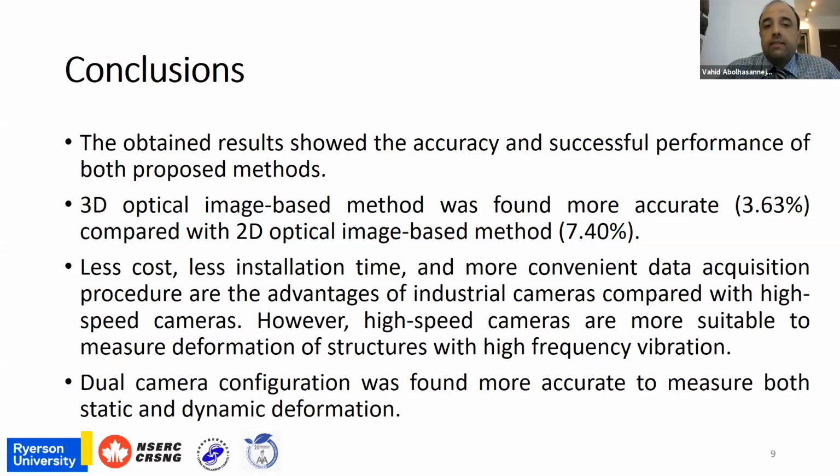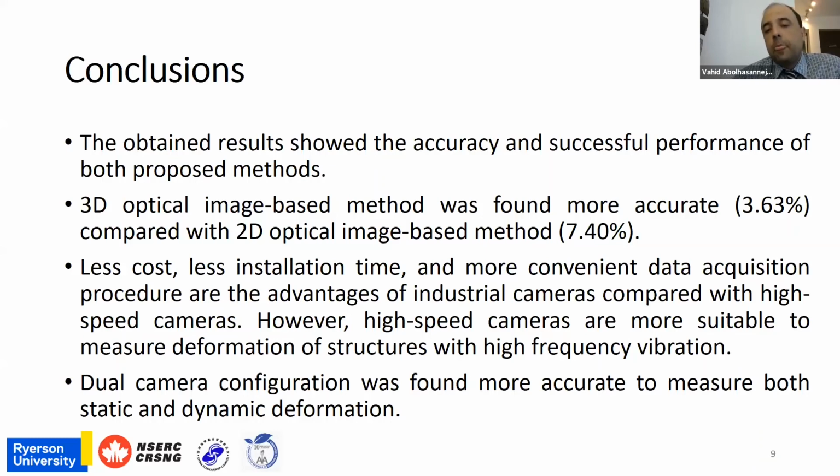We have also compared different types of cameras in this study. This is one of the main contributions of our study: we have the industrial camera with a lower frame rate and the high-speed camera with a high frame rate. We have compared their performance with each other.